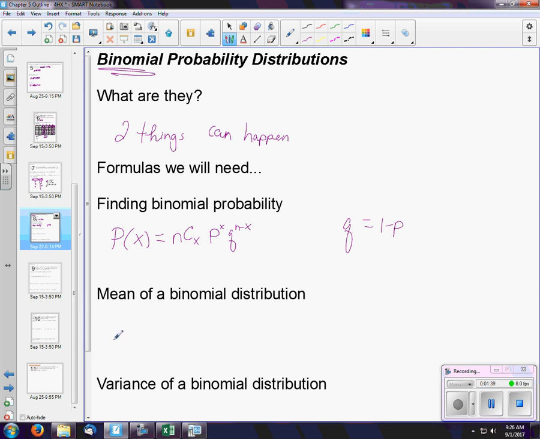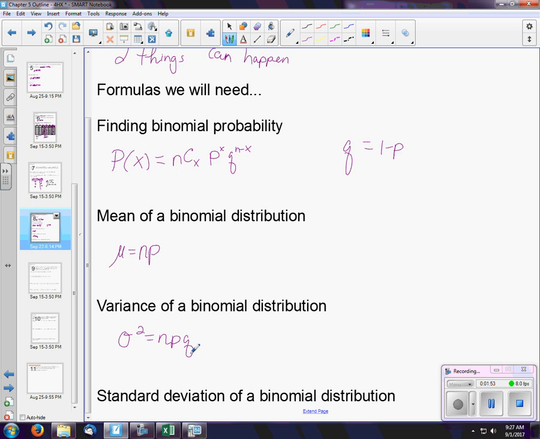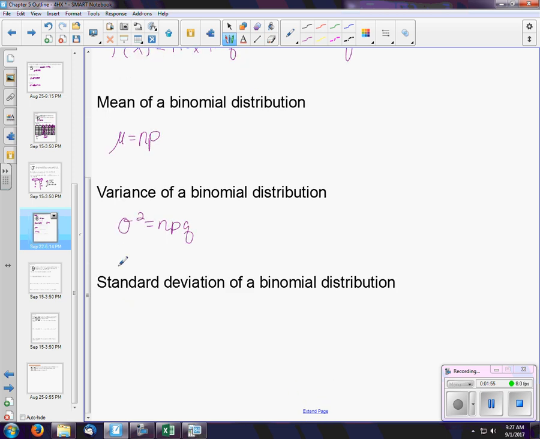The mean of a binomial distribution is given by the formula n times P. So it's your sample size times the likelihood of occurrence. And the variance is equal to n times P times Q, which means the standard deviation is the square root of that amount.